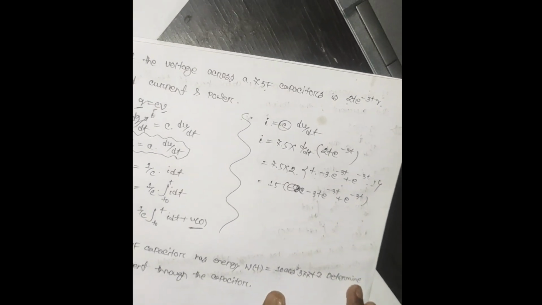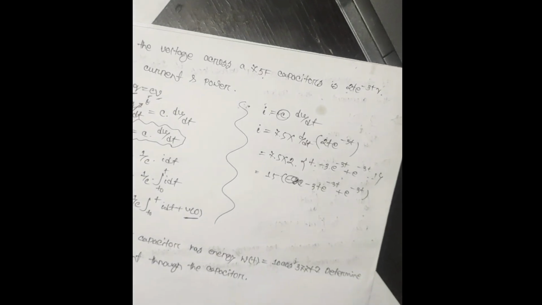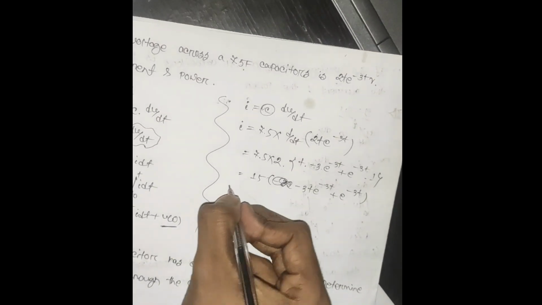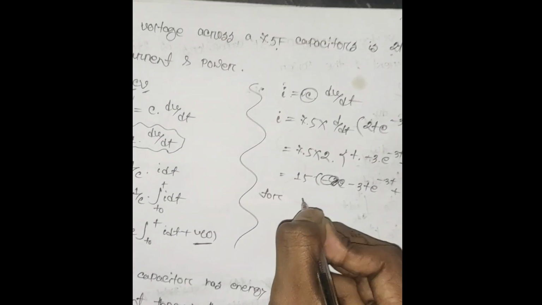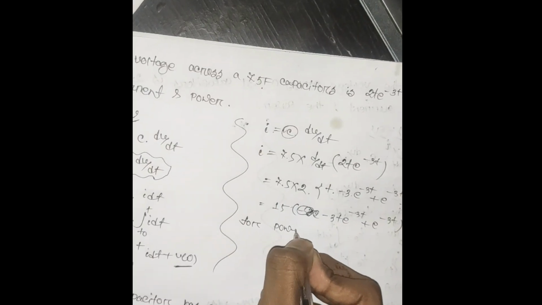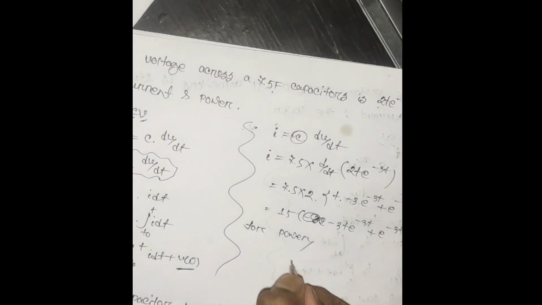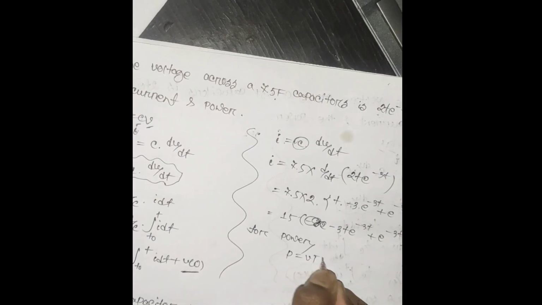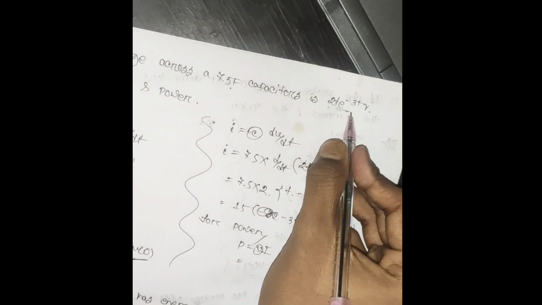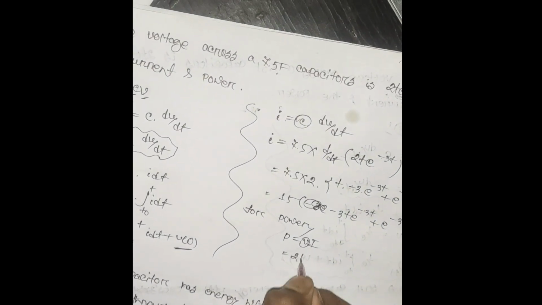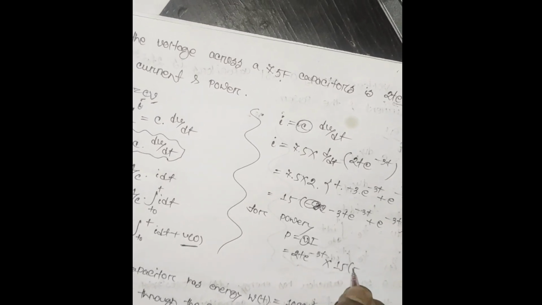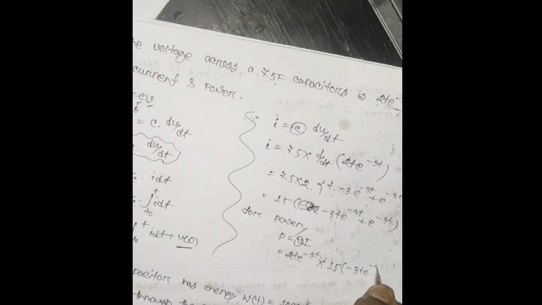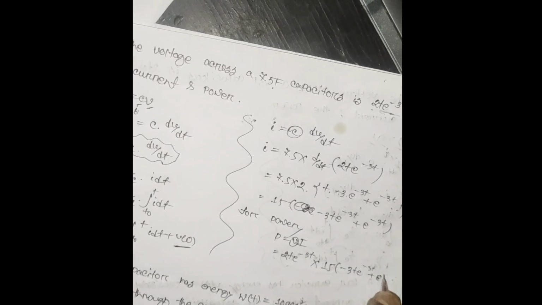Now let's calculate the power. For power we know P equals VI. Here V equals 2t e to the power minus 3t. So 2t e to the power minus 3t into the current expression, 15 e to the power minus 3t minus 45t e to the power minus 3t.